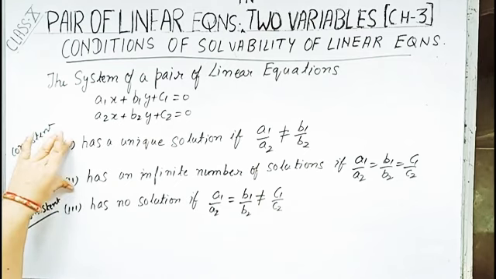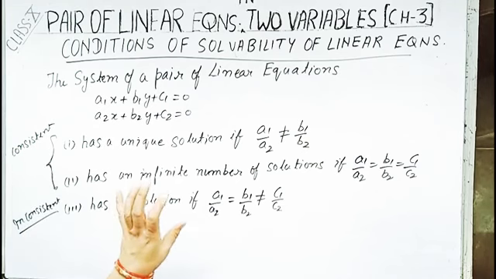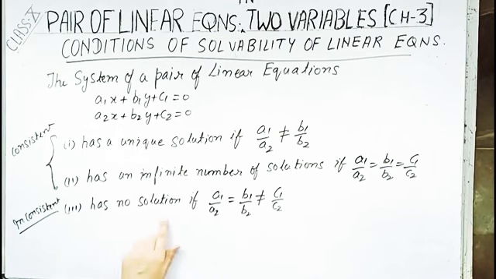It means these two are dealing with the consistent system of equations. Now the system of equations is said to be inconsistent, that is it has no solution, if a1 by a2 equals b1 by b2 is not equal to c1 by c2.